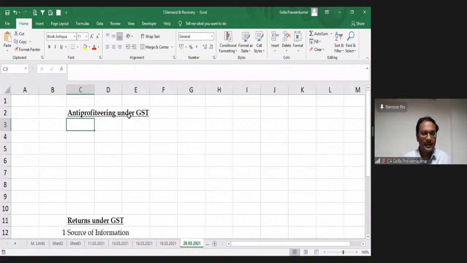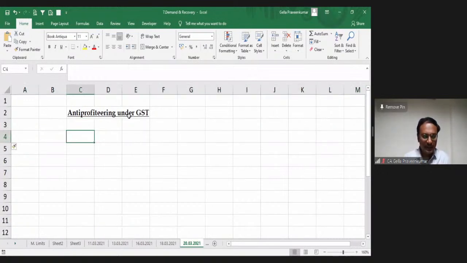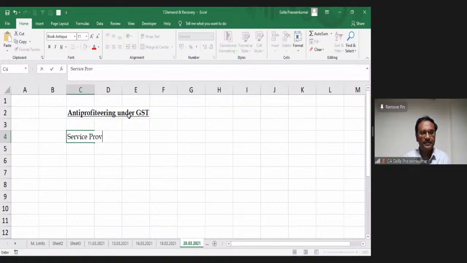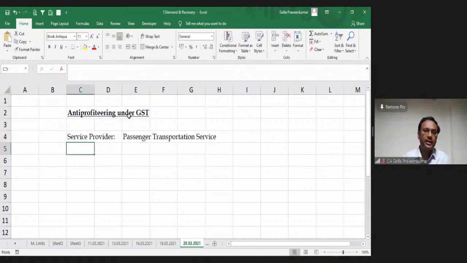I'll give an example this way. Assume there is a service provider. What is the service? Say, passenger transportation service. You have this travels where a vehicle is given for pickup and drop of your employees.